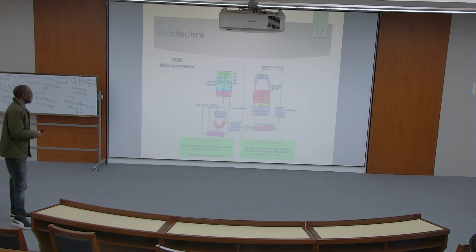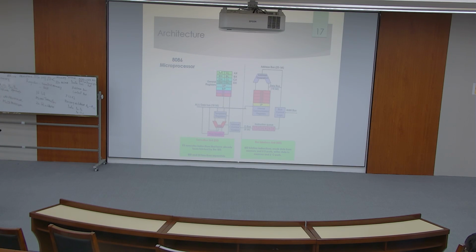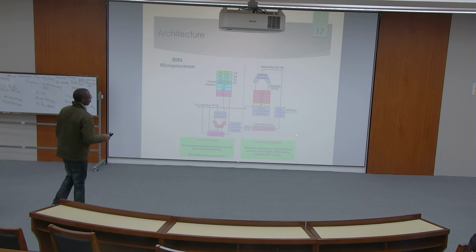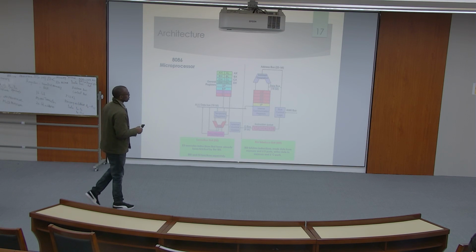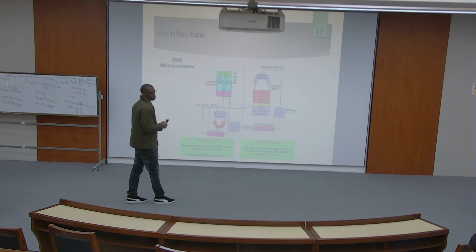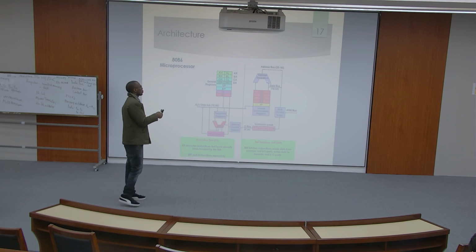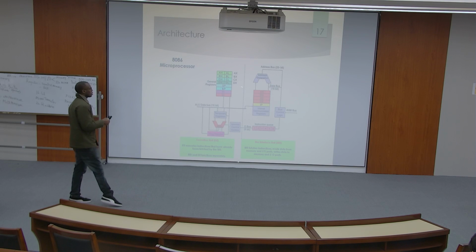Now the execution unit includes the accumulator register, base register, data register, stack pointer, base pointer, destination index, source index, and so on and so forth. We're going to discuss these registers in more detail. And the BIU, bus interface unit, includes the code segment, data segment, stack segment, extra segment, and we have the address generation module.